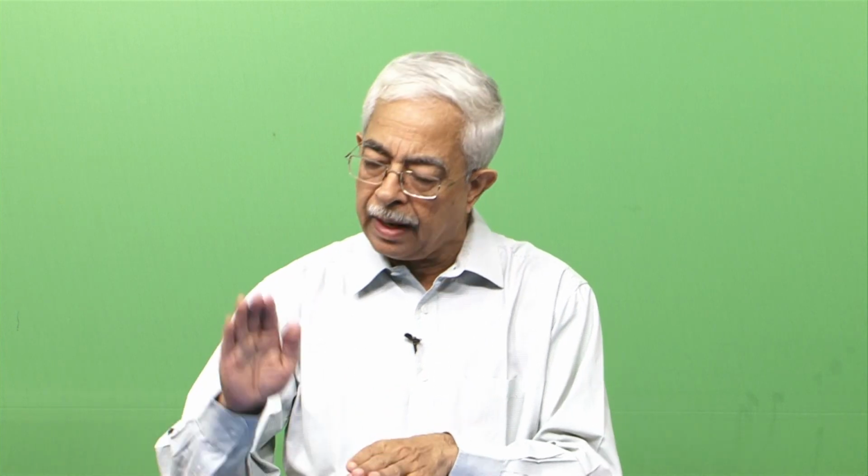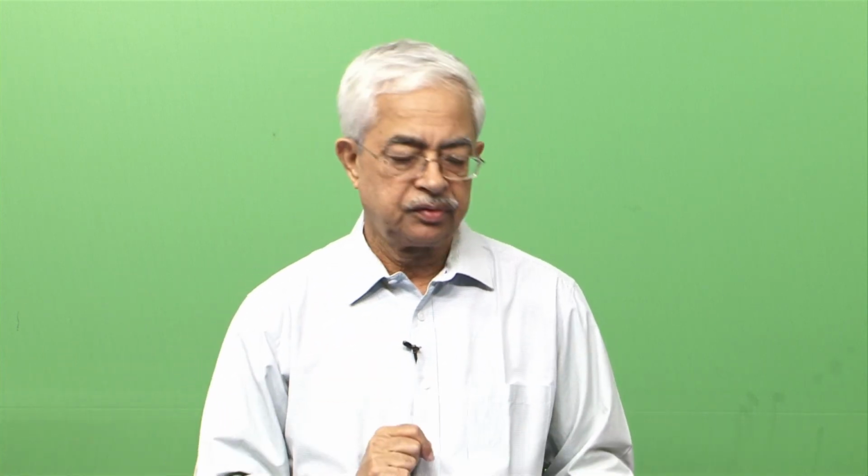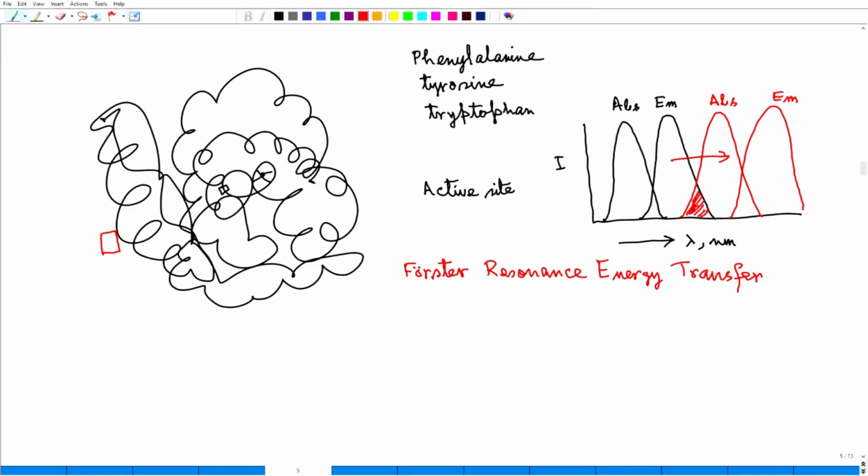Its emission spectra matches or overlaps with the absorption spectra of another fluorophore. How do I know it matches? Because there is overlap. This is the matching point. When that happens, energy will be transferred from here to here, because they are in resonance. That is called Forster resonance energy transfer, in short, FRET.